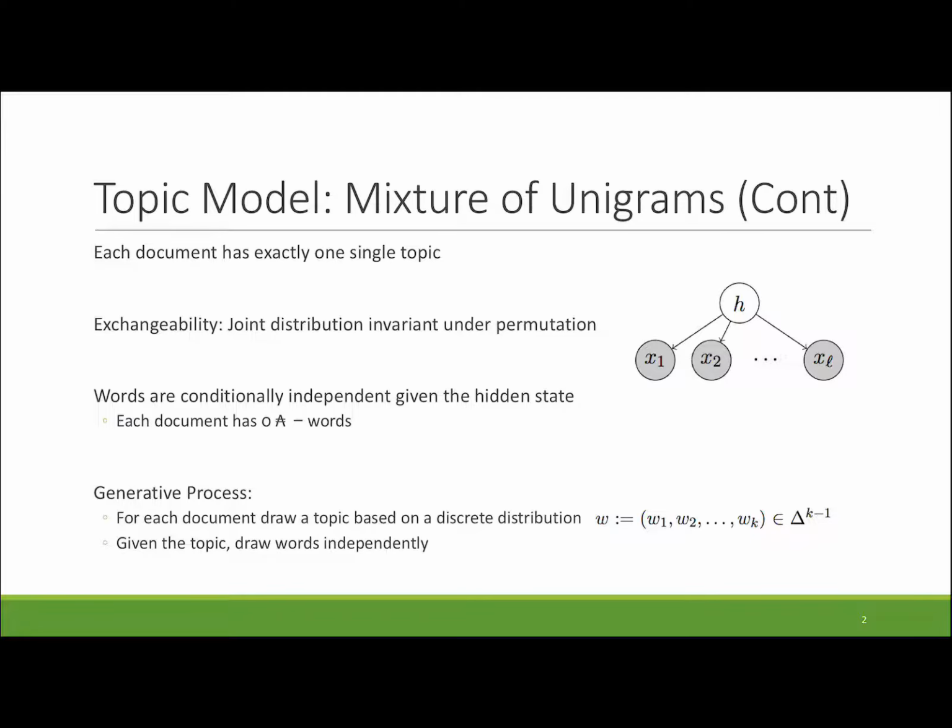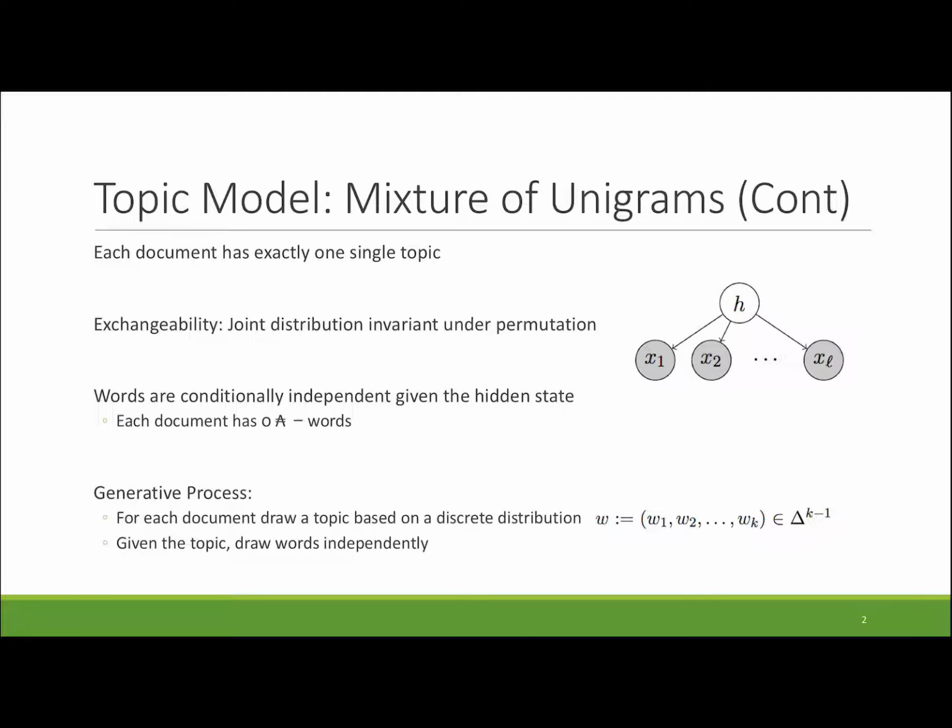In the mixture of unigrams model, the underlying assumption is that each document is generated by a single topic. It is a simplifying assumption, and it is not necessarily the best assumption, but we are going to start with this model.